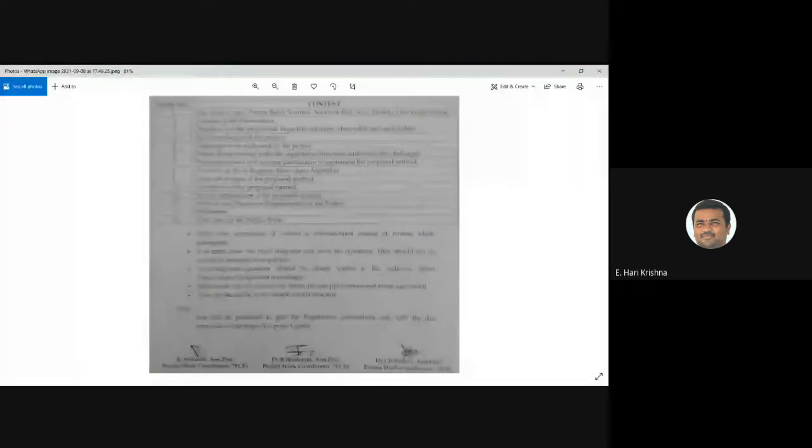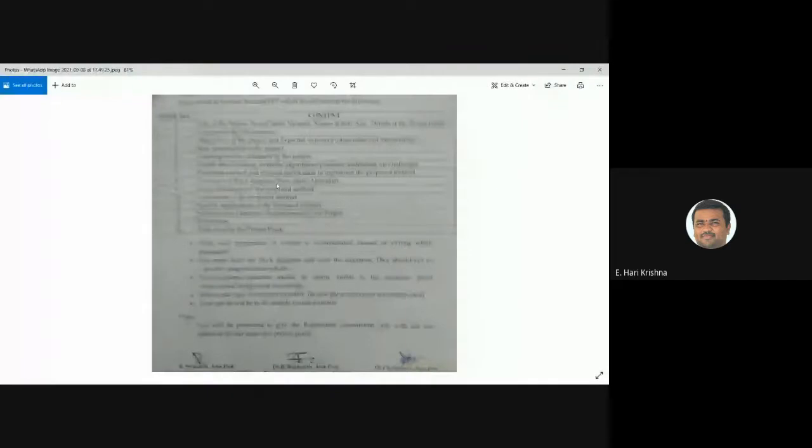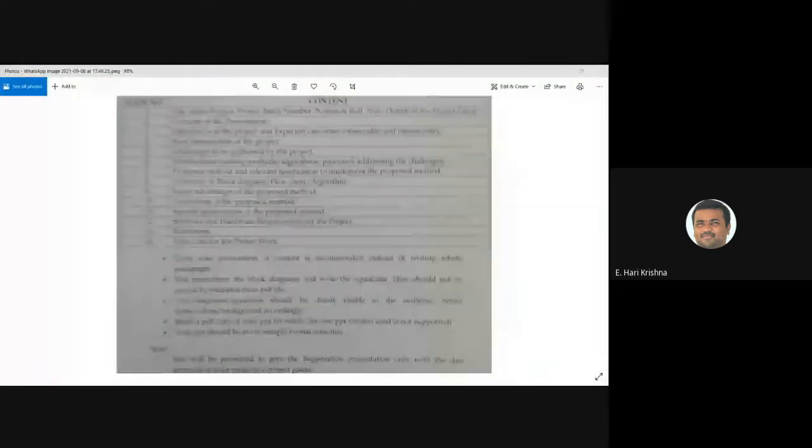I think you can zoom it. Otherwise, Rahul, please tell me the thing. I will discuss that. Okay. Sir, we'll start with the objective of the project, the third point, sir.